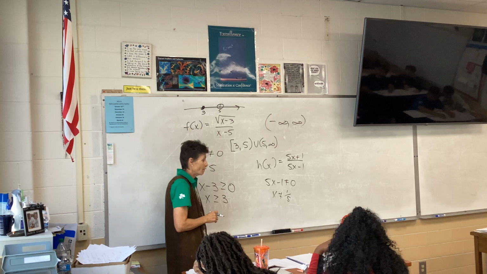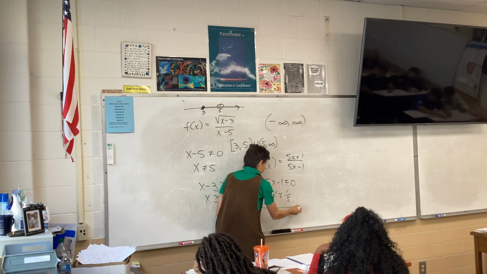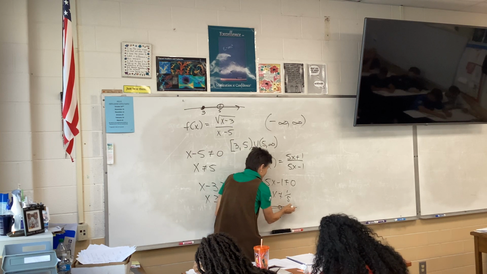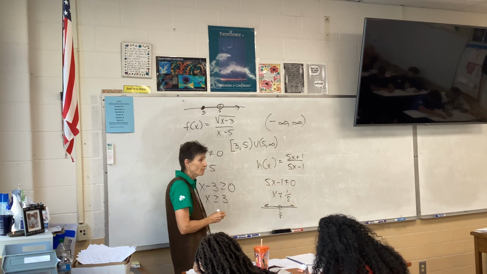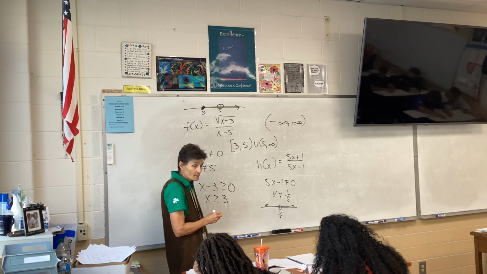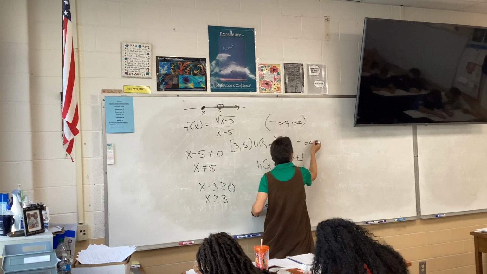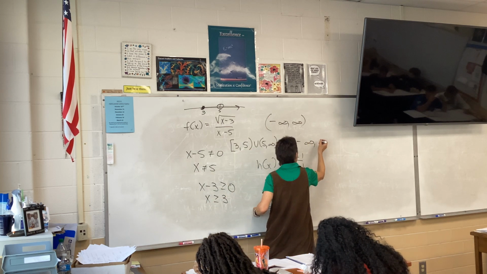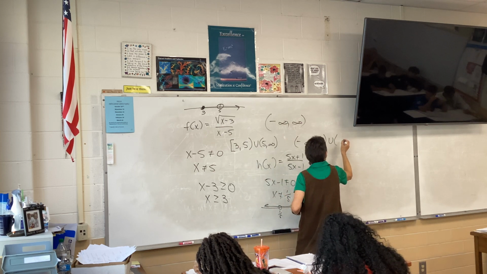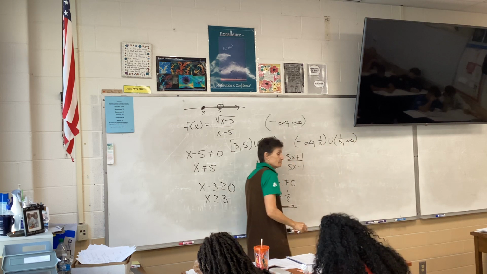No. So my domain is everything except 1/5. On the number line, and again, you don't have to draw one, this is what you got, the whole number line except 1/5. So how would I write that as an interval? Negative infinity to 1/5 with a parenthesis, union, parenthesis 1/5 to infinity. Perfect, that's it.